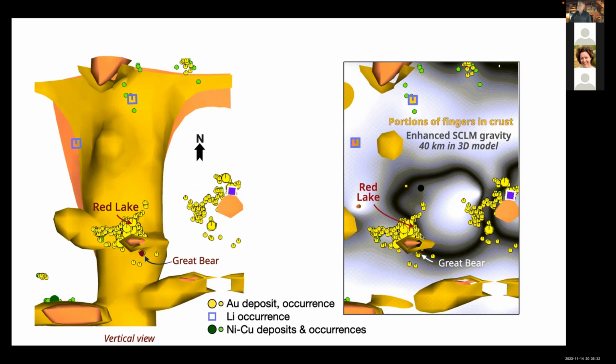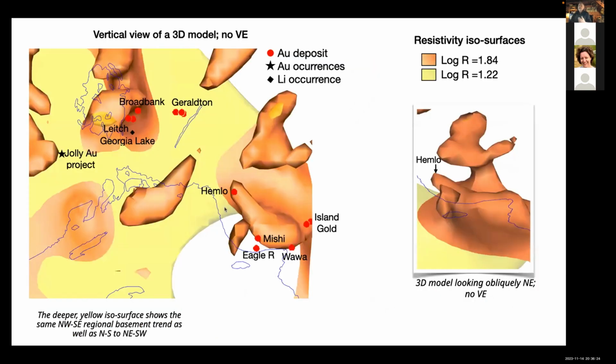Here's one of these other fingers coming through in the southeast of the area, and this area is covered by even higher resolution MT data that results from the US mobile array. We're seeing both some of these finger-shaped anomalies rising up, but this time trending northwest-southeast, with Hemlo overlying one of these anomalies, and also, zooming in on this area in an oblique view, these mushroom-shaped features.